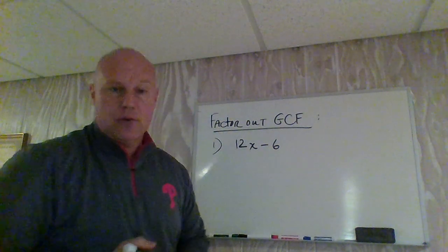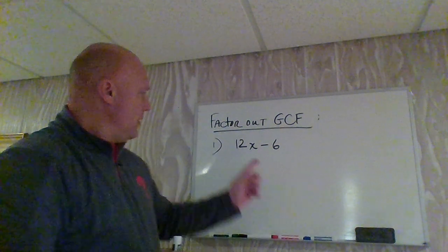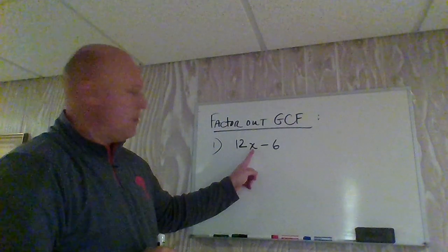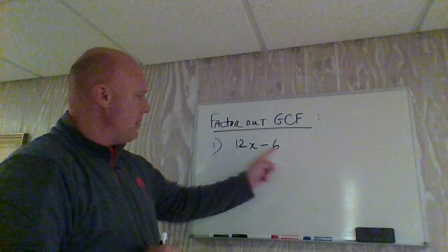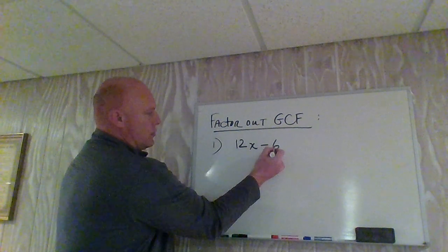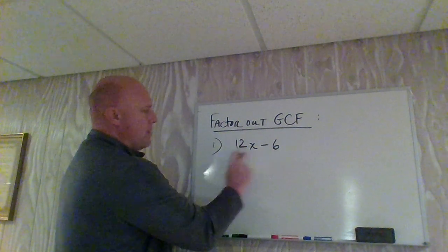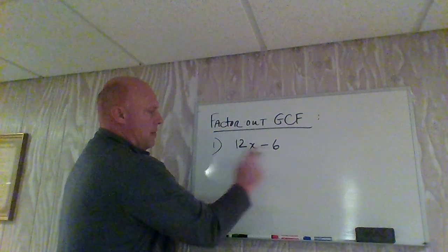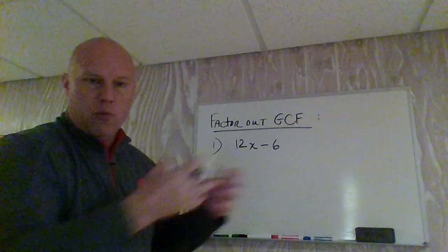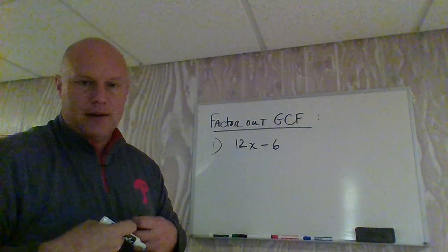That would be considered a binomial. The degree of this binomial would be 1 because it has one variable, but it has two terms. When we talk about factoring, what we're trying to do is find the biggest factor or number that both of these can be divided by, and we're going to pull that factor out.